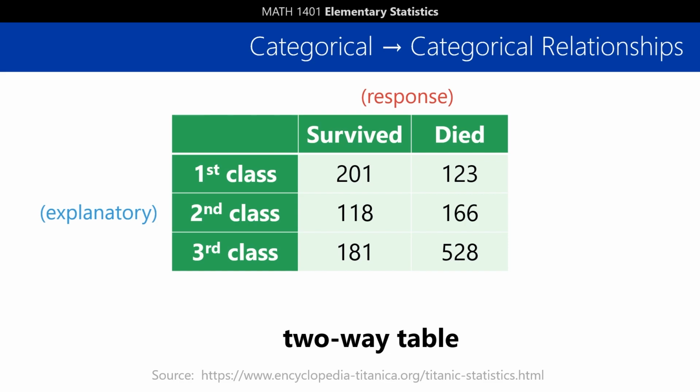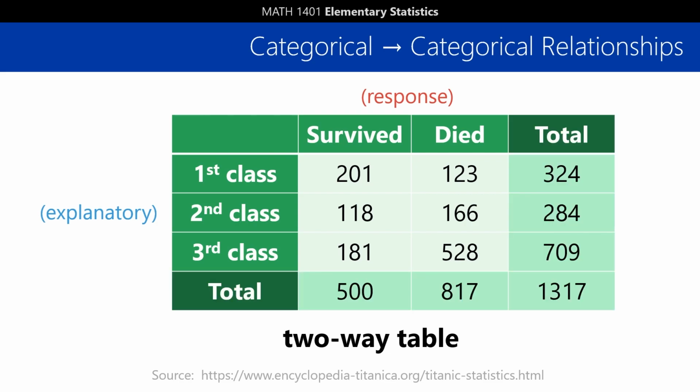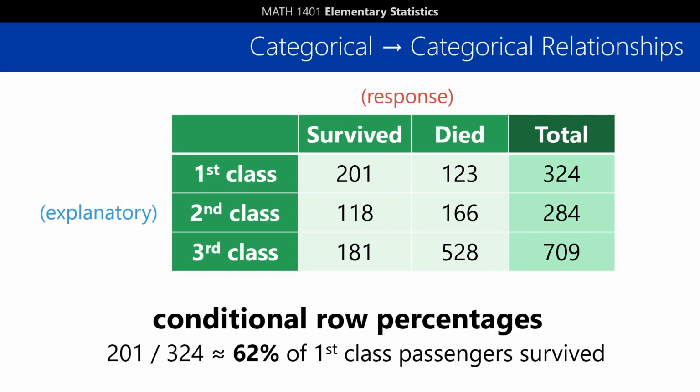To get a better idea of what's going on, we can add totals to the rows, the columns, and the whole table. Once we've done that, we can calculate, for example, the conditional row percentages. Divide each cell by the total for that row, and that gives us a way to compare what proportion of each class survived. For example, 201 out of the 324 first-class passengers survived, which comes out to about 62%.